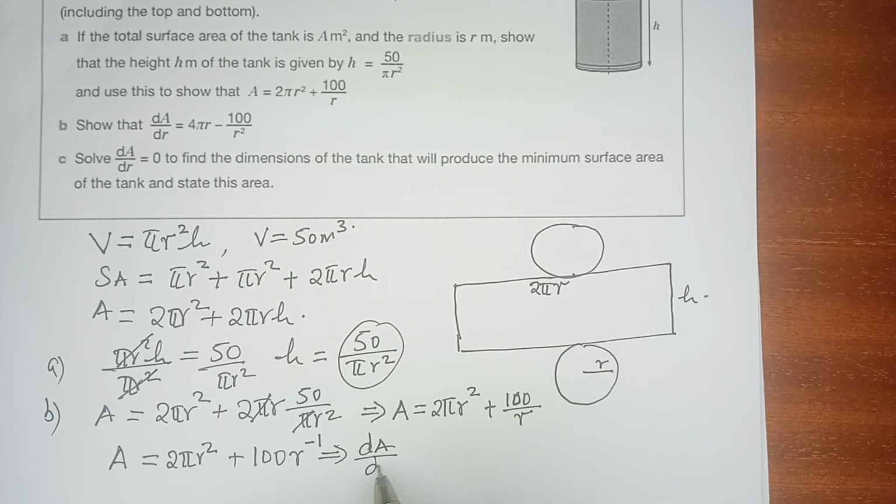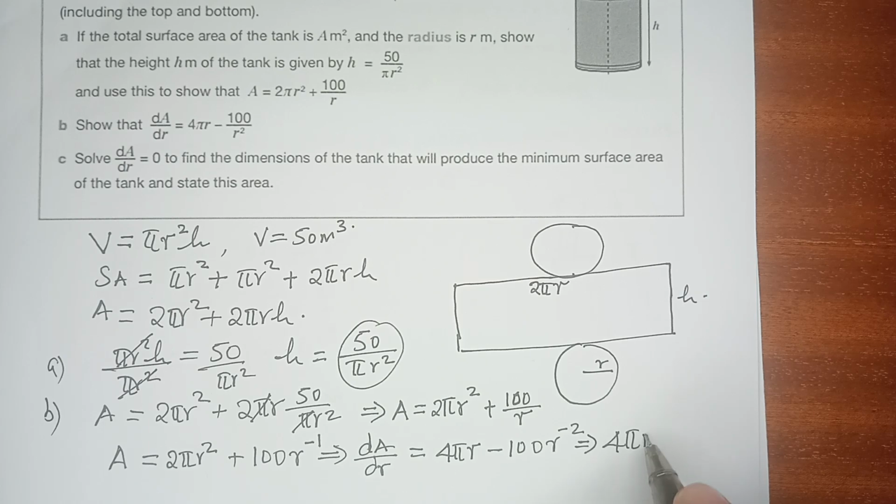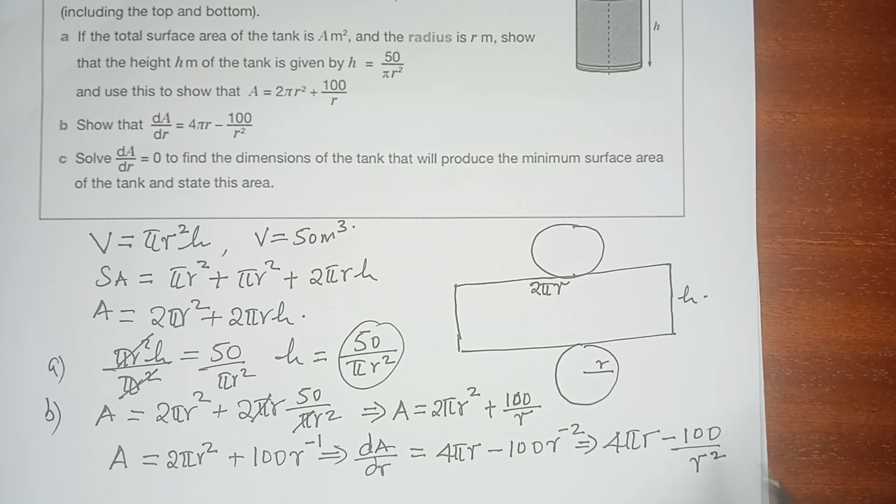dA/dr, the differential of area with respect to the radius, is going to be 2 times 2, which is 4πr raised to power 1, because we reduce it by 1, minus 100 r raised to power minus 2, because we are reducing the index by 1. So in other words, this is already 4πr minus 100 over r squared.